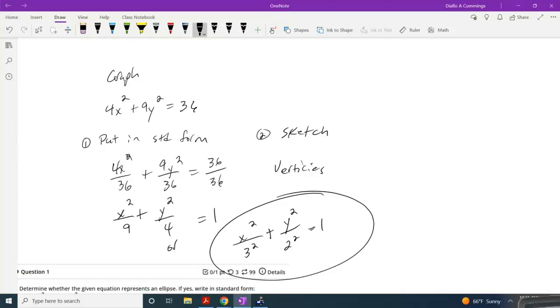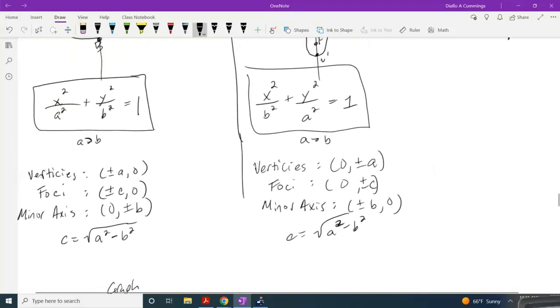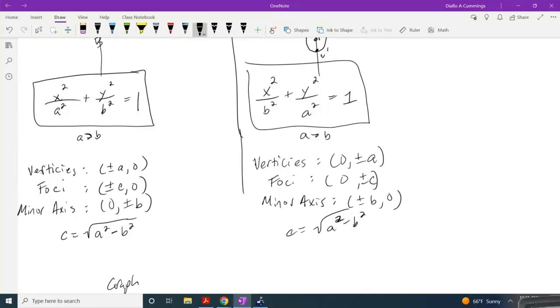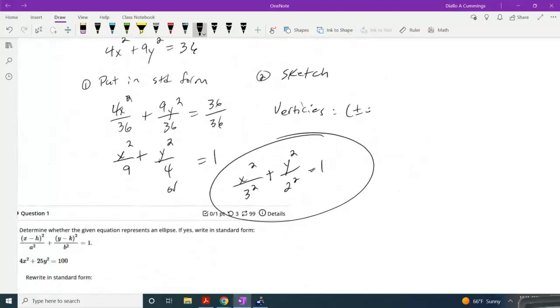Okay. All right, so now that I know that I have a horizontal axis, I'm going to just look at my formulas. The vertices are plus or minus a comma 0. Well, what is a?